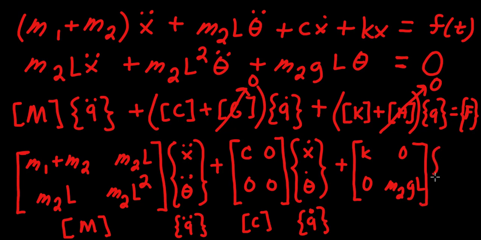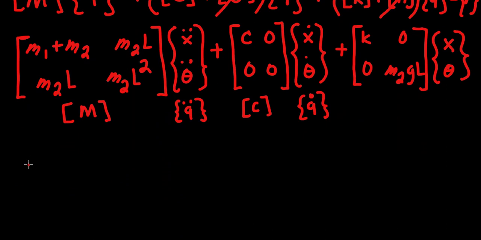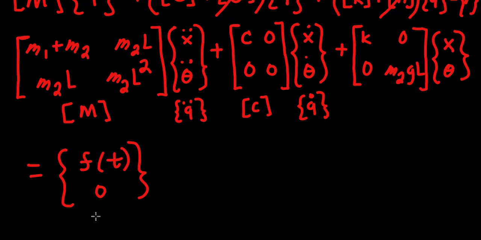That's going to be multiplied by x and theta. And I cannot fit the forcing vector this time, sadly. I need to learn to conserve space. So all that is set equal to f of t and 0.